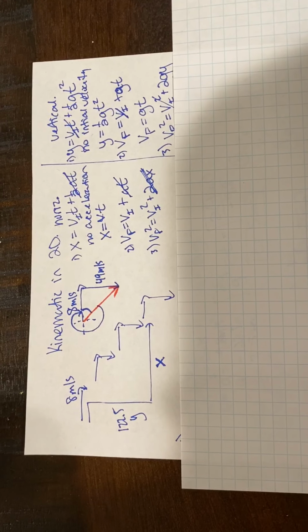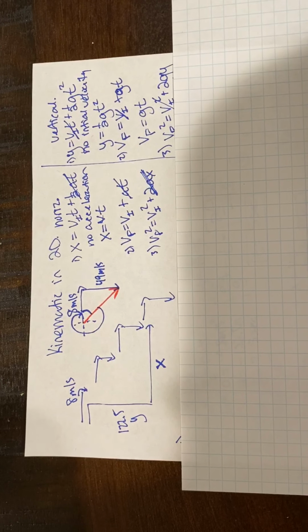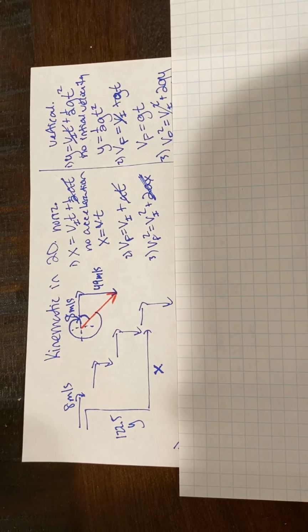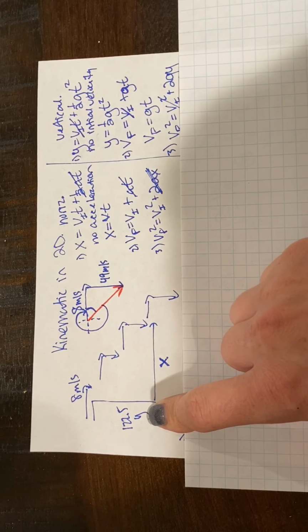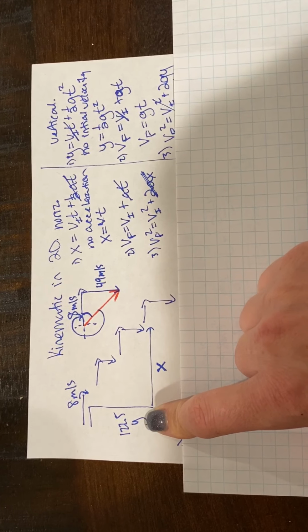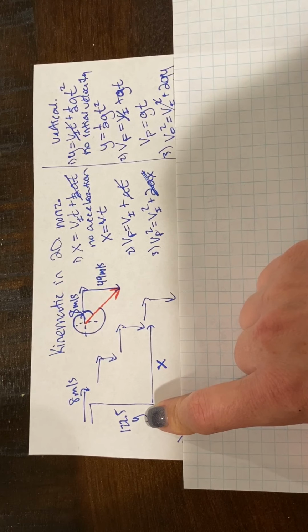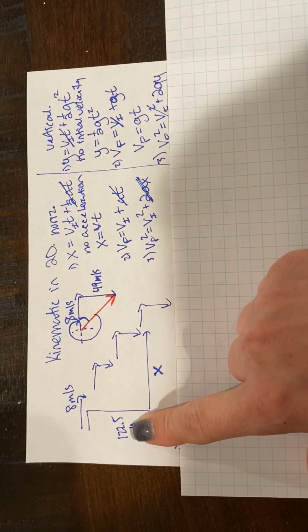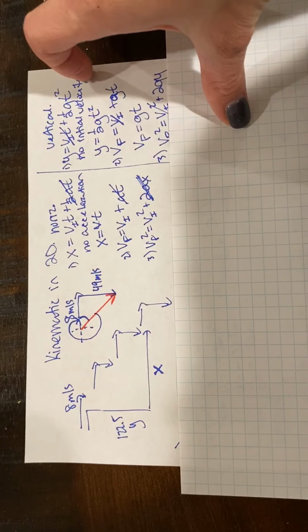The word problem also gave me a height of a cliff of 122.5. So these were the 2 pieces of information that were given to me in my word problem.